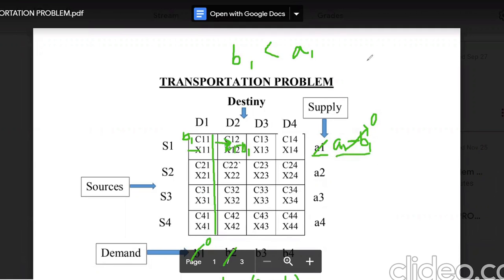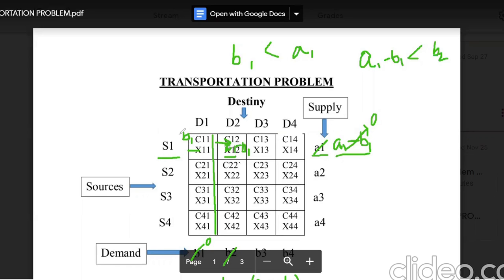Which one is less? If A1 minus B1 is less than B2, then whichever is less, that amount should be transported. So A1 minus B1 is less, so I have transported A1 minus B1 here. The total supply has been exhausted from the source S1, so this becomes 0. No quantity is left for the source S1 to supply anywhere else.